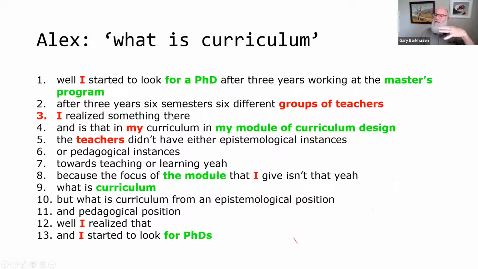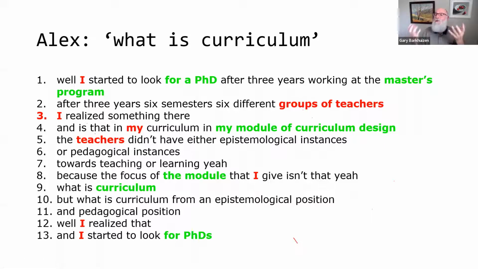It's very elementary. What he does is it's just about what curriculum is. But he feels he needs to go further in his course. But to go further, he needs to develop his own understanding of the epistemological background to curriculum and the different pedagogical positions in curriculum.